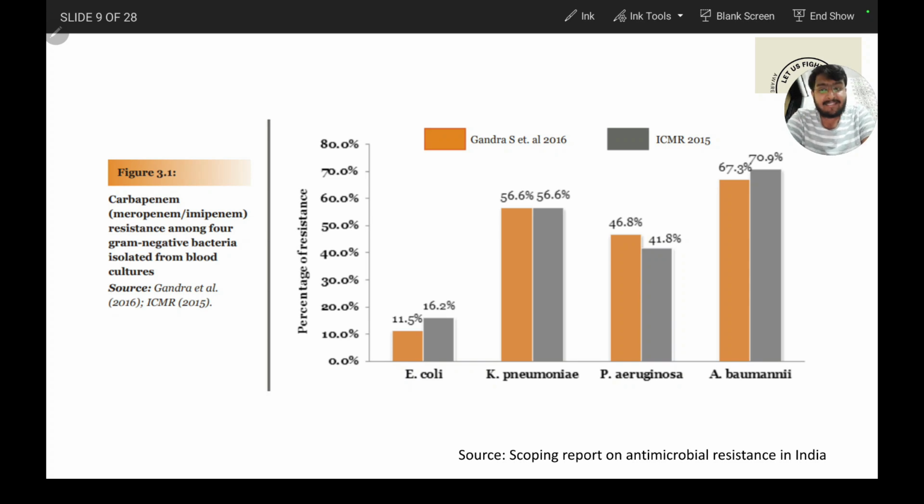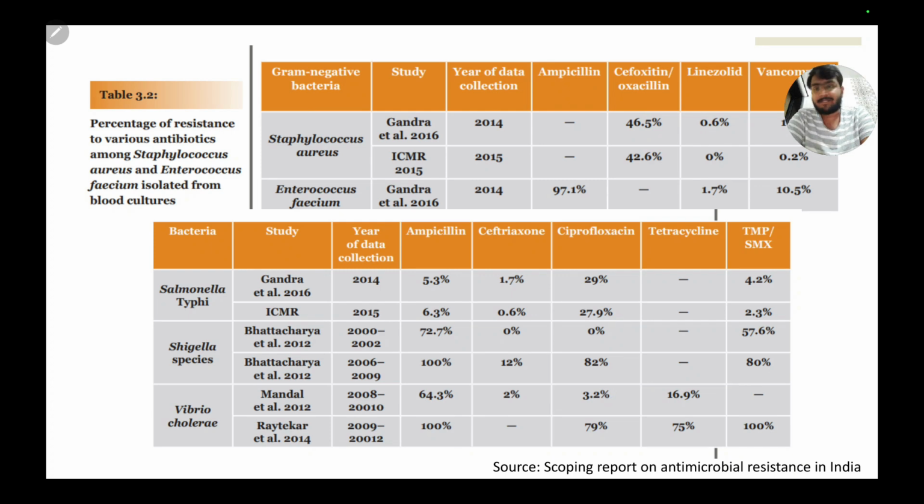This indeed is a scary scenario because we are running out of antibiotics. And these are organisms which were isolated from blood culture, which means blood-based infection. And in such cases, if resistance is seen, how will we even try and save the patients?